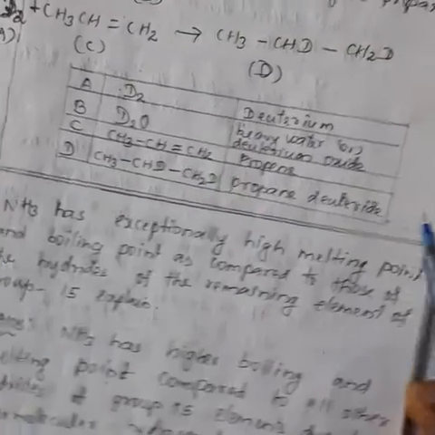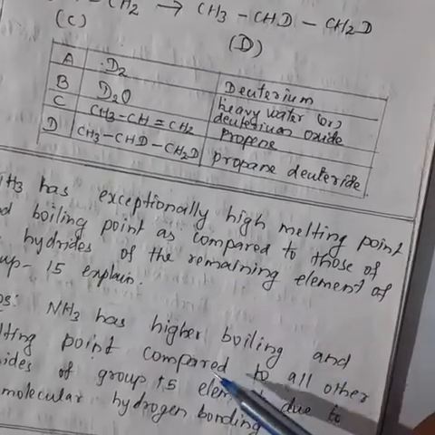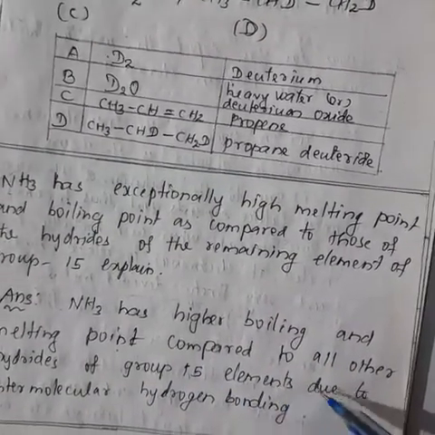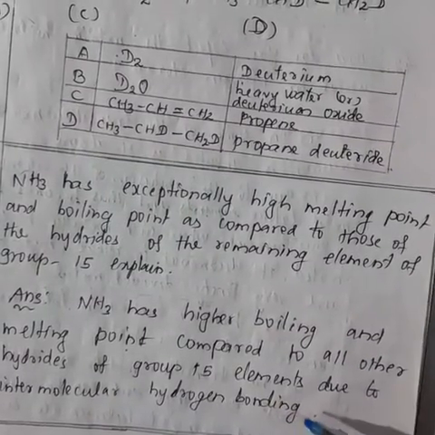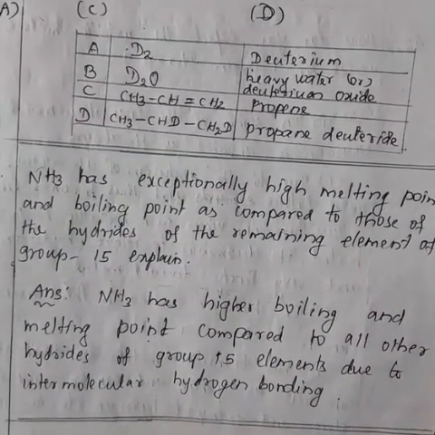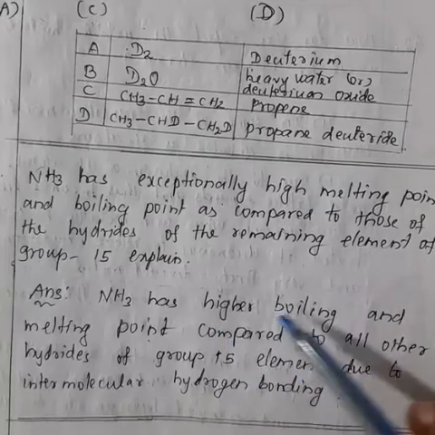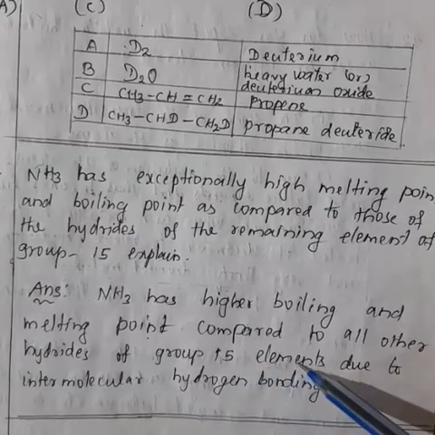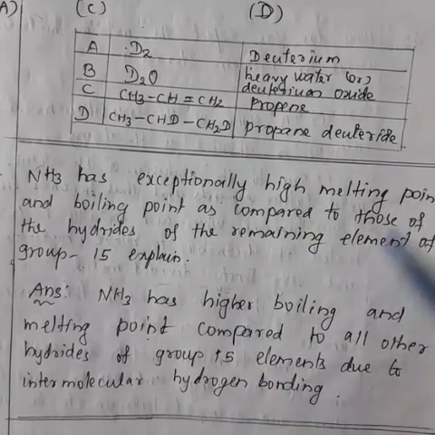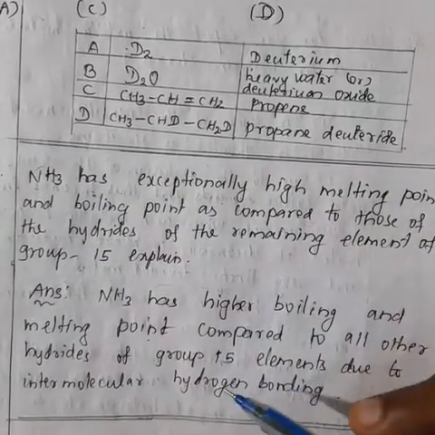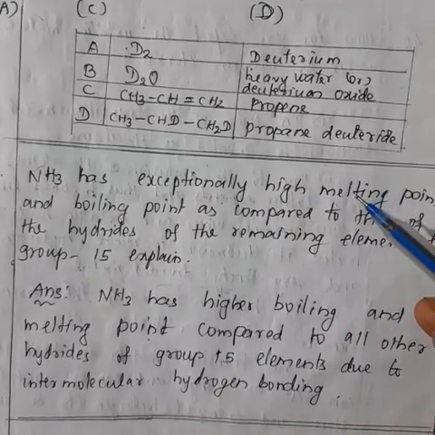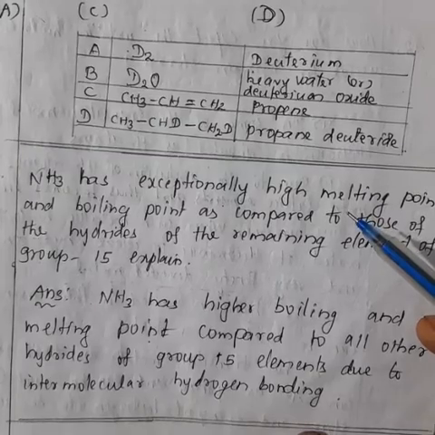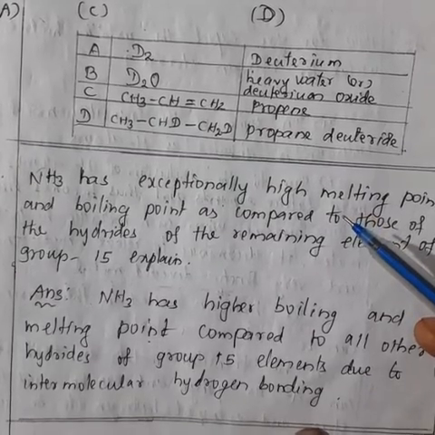NH3 has higher boiling and melting point compared to all other hydrides of group 15 elements due to intermolecular hydrogen bonding. You know, ammonia can form intermolecular hydrogen bonding with other molecules because of this. So ammonia has higher melting and boiling point.